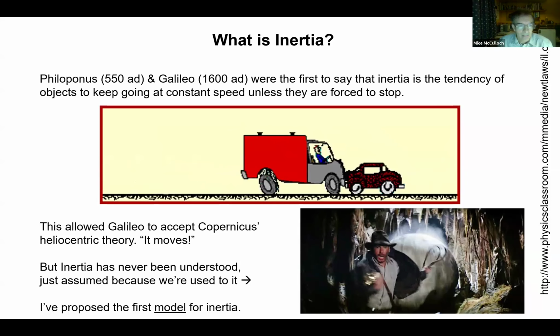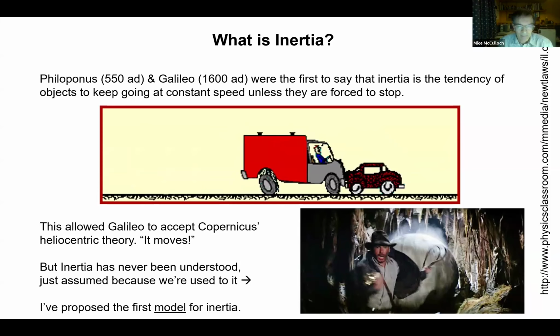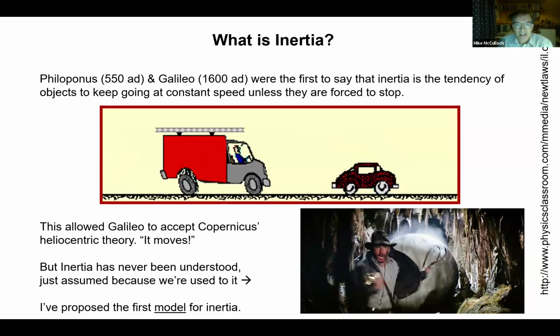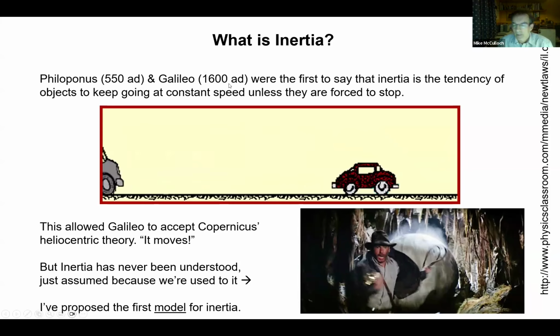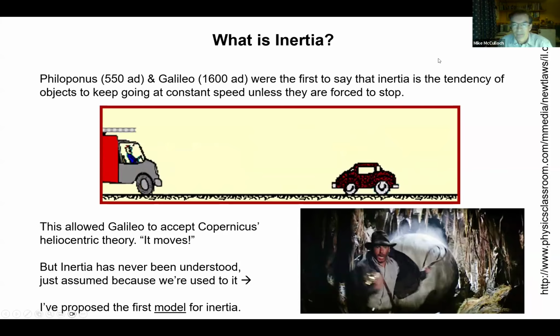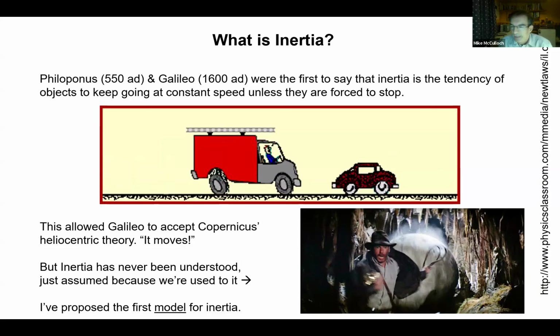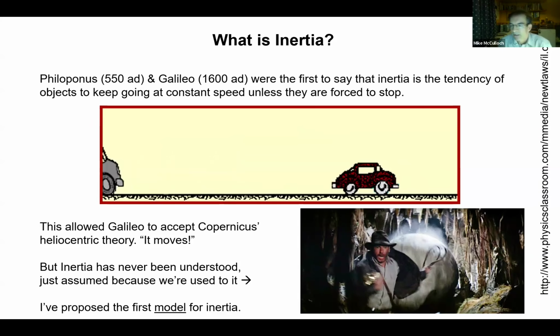And he was in trouble at the time for not agreeing with the dominant religious ideas. So he was cancelled, and it took over 1,000 years for Galileo to rediscover his work in about 1600. And so he was the first to write at length to say that inertia is a tendency of objects to keep going at constant speed unless they're forced to stop.